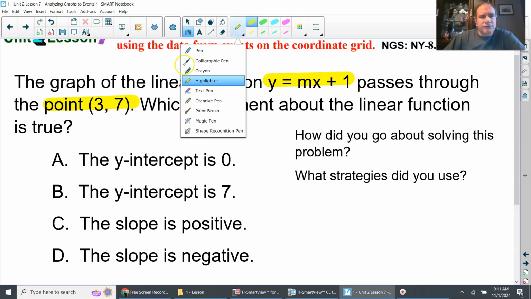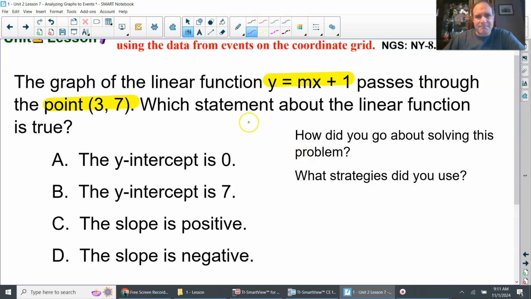Just remember, the b that they're giving you is, sorry, not 0, it's 1. The y-intercept is 0? No, it is not. The y-intercept is 7? No, it's not. It's 1.